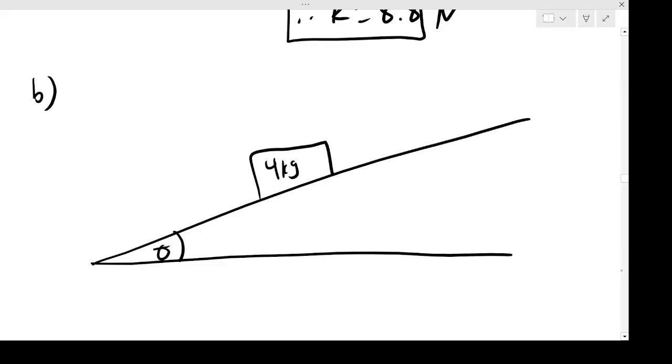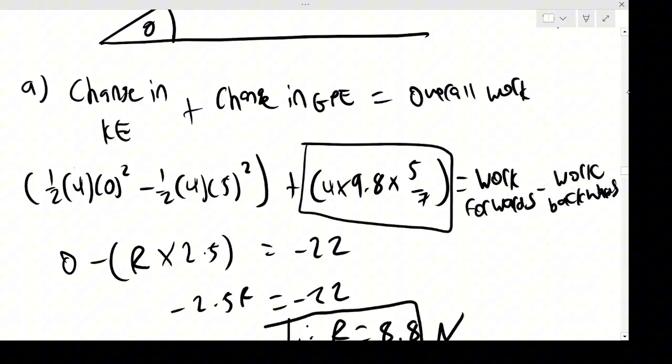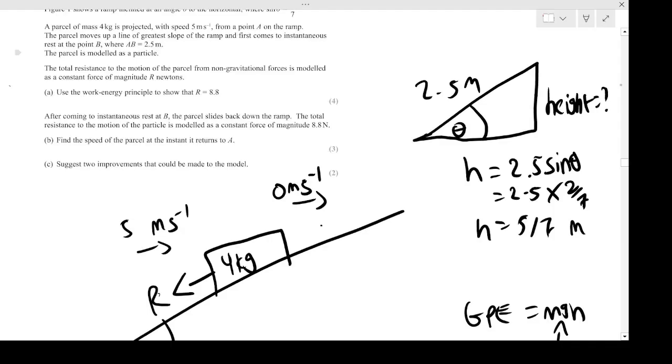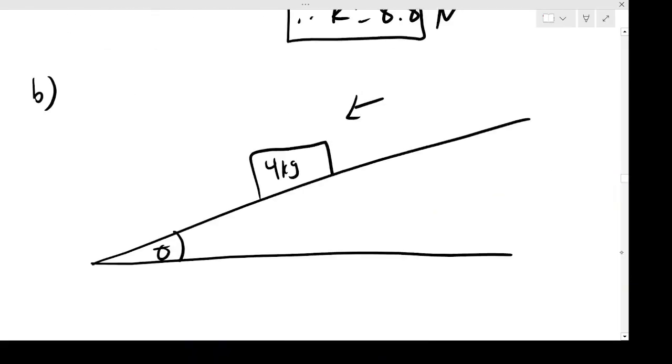Now it's moving down the ramp, so it starts at B, and we know it starts at rest at B, so the starting speed is 0 as it moves down the ramp. But then it ends up back at A, so it's going to have some speed V. And that's what I want to work out. It's asking me for the speed when it reaches this point A down the ramp.